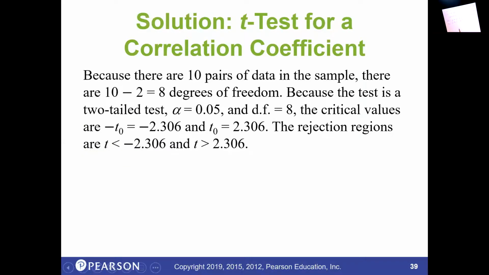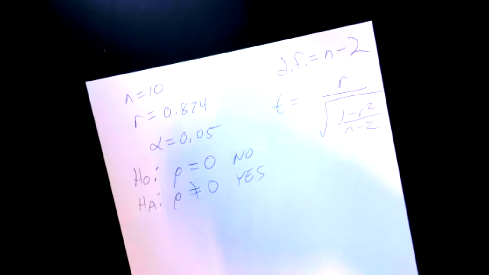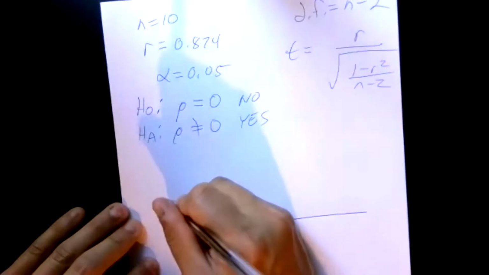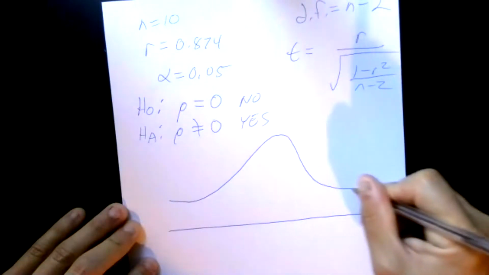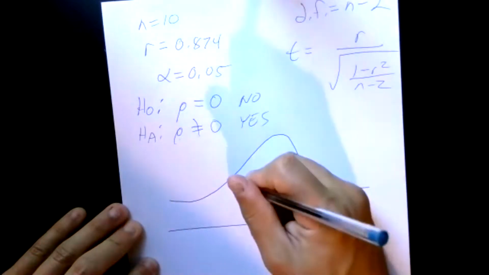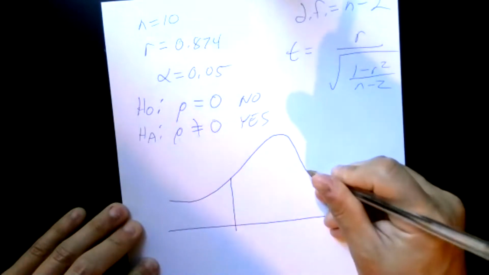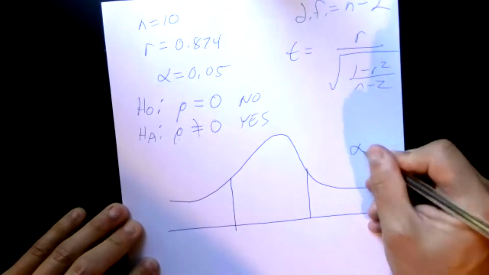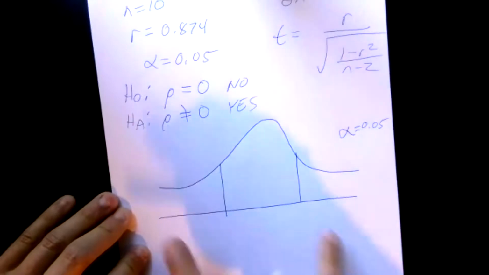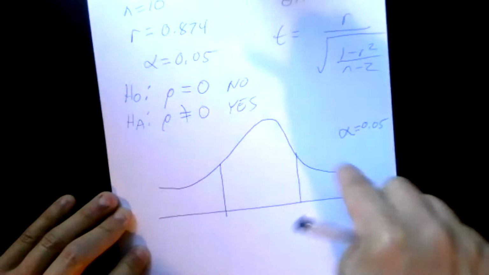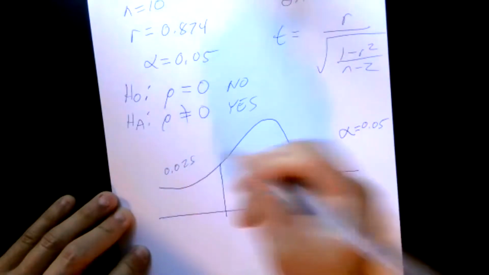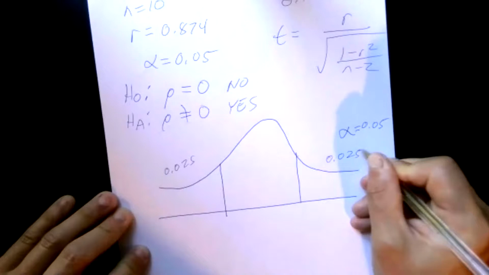So let's draw a picture for this. It's our good friend, the t-distribution. Because the alternative is not equal to, it's a two-tailed test. The alpha value is 0.05. Remember, because it's two-tailed, we have to split that two ways, which means there's 0.025 over here and 0.025 over here.